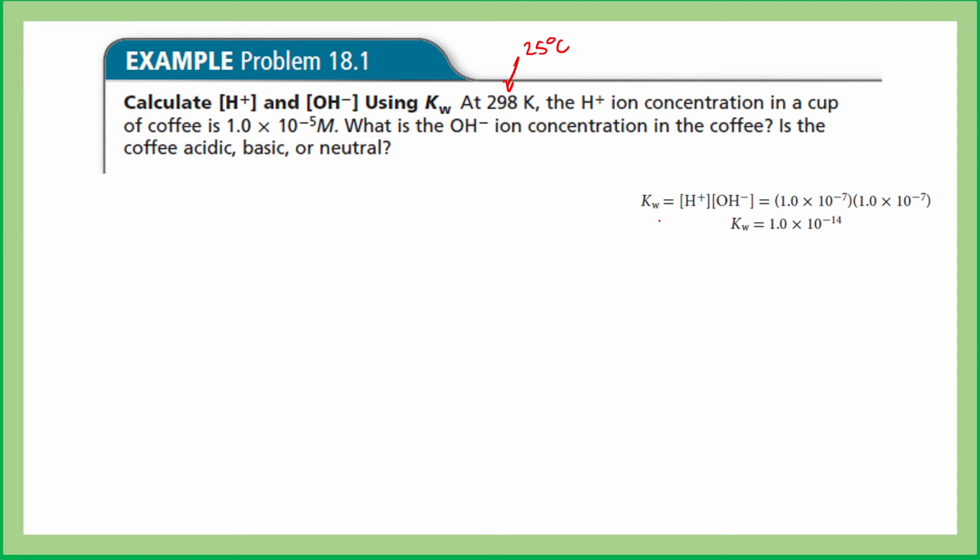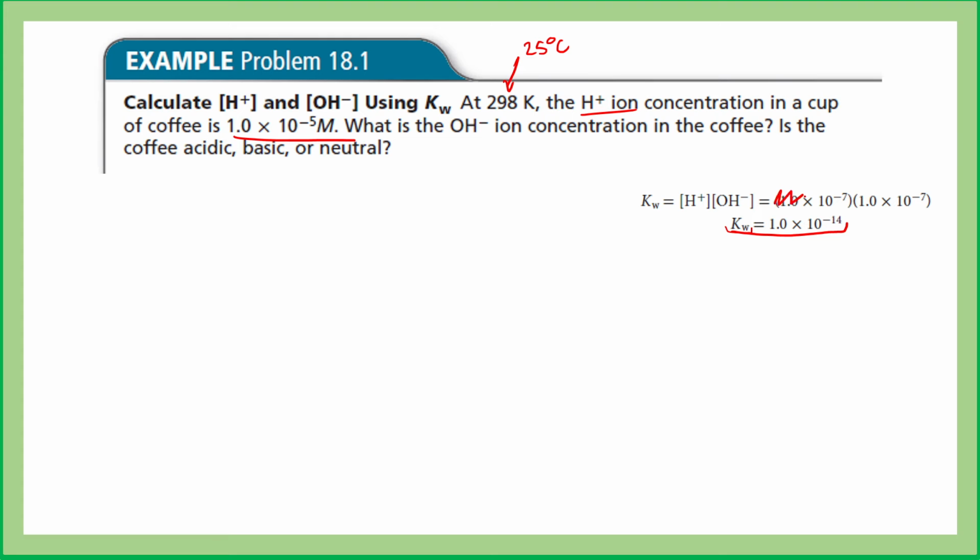So let's see. We know that the value of Kw is 1.0 times 10 to the minus 14. So that's a known variable. It's a constant. It always will be the same value. And we have the hydrogen ion concentration, and they are asking for the hydroxide ion concentration.